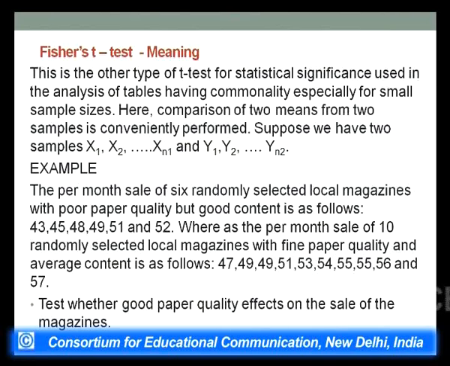Here the example I have taken is of local magazines with poor paper quality but good content. I wanted to know whether, if you use poor paper quality and the content is good in both the cases, it makes any difference to sales.